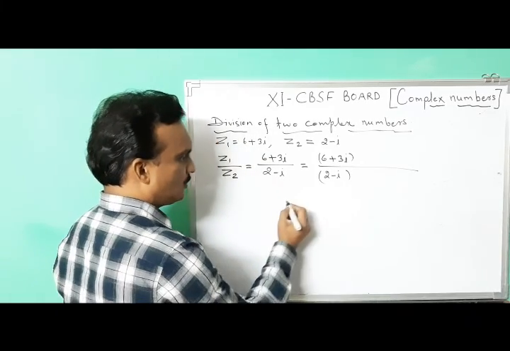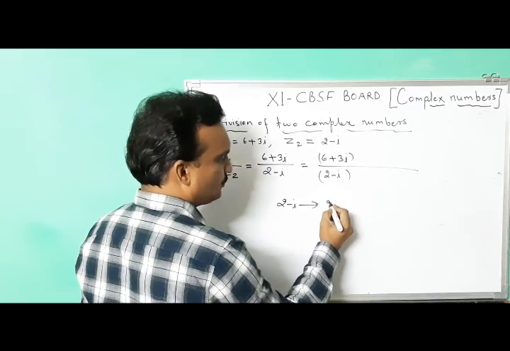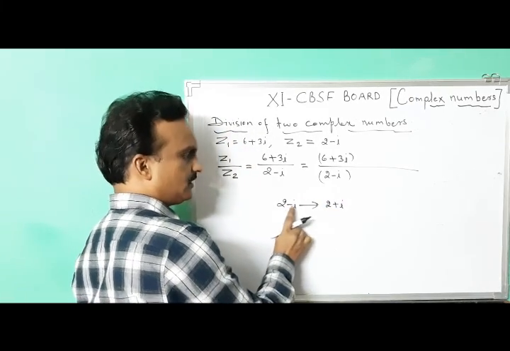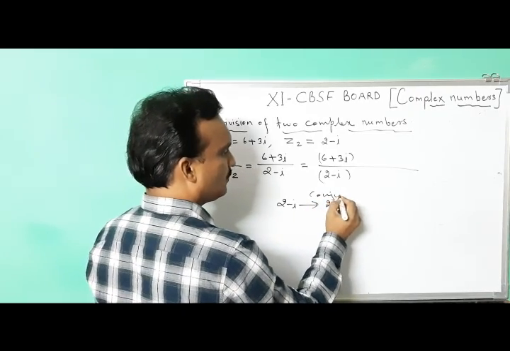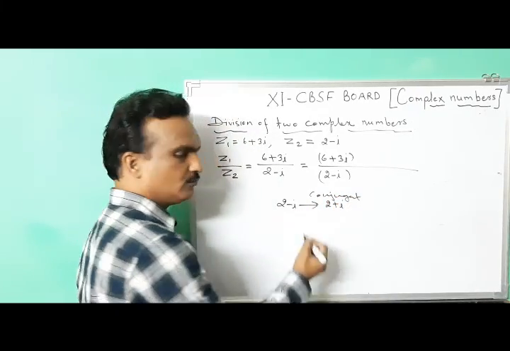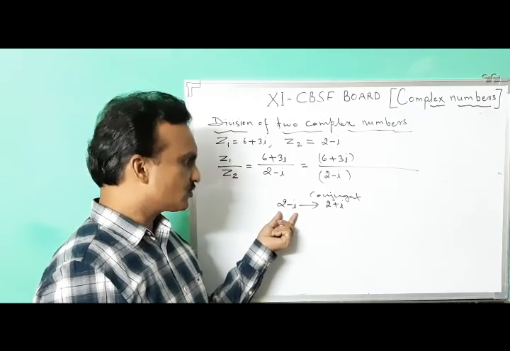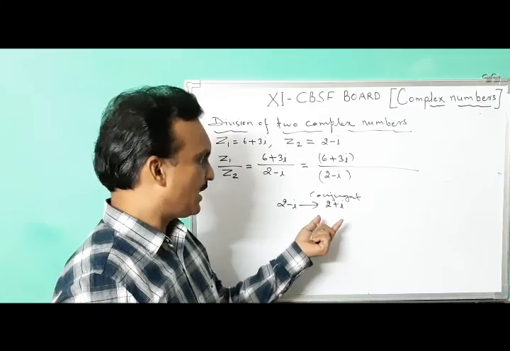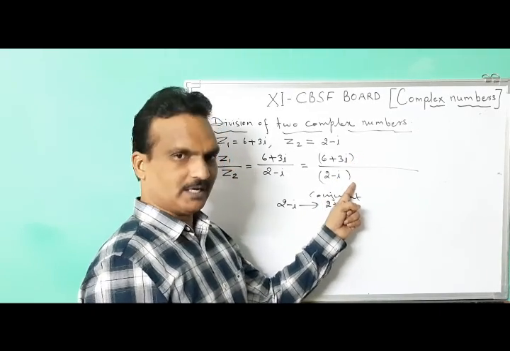That is 2 minus i, and its conjugate will be 2 plus i. Just change the sign. Here you have minus, here it will become plus. So by this conjugate, we will multiply both numerator and denominator.